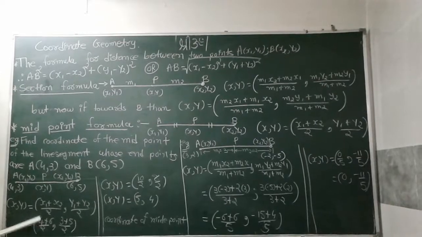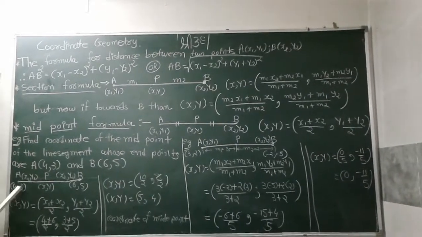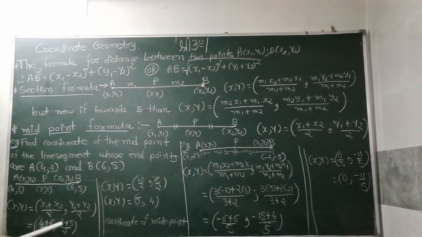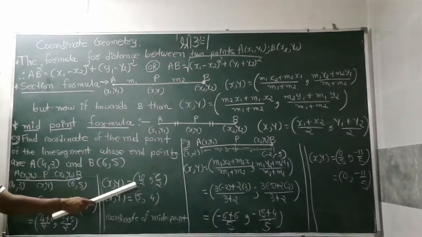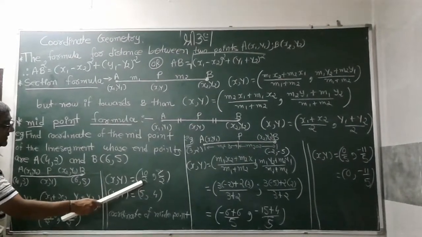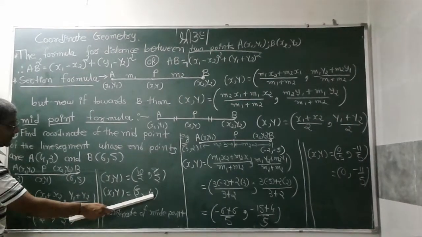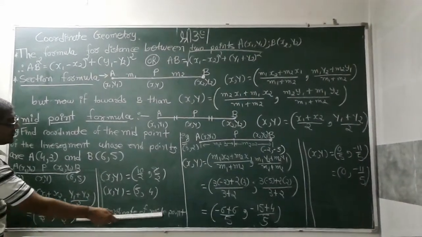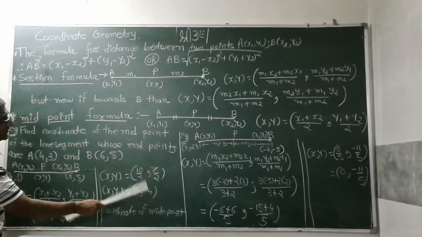So we get (4 plus 6) whole upon 2, (3 plus 5) whole upon 2. 4 plus 6 is equal to 10 upon 2, 3 plus 5 is equal to 8 upon 2. If we reduce it, then (x, y) is equal to (5, 4). So the coordinates of the midpoint are (5, 4).